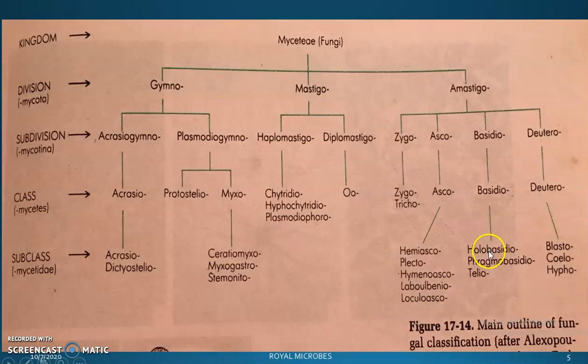In the case of Basidiomycetes, we can see three subclasses: Holobasidiomycetidae, Phragmobasidiomycetidae and Teliomycetidae. In the case of form class Deuteromycetes, we can see three subclasses: Blastomycetidae, Coelomycetidae and Hyphomycetidae. So this is the main outline of fungal classification by Alexopoulos and Mims.